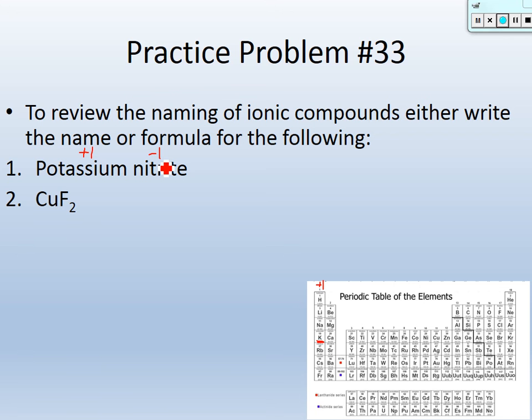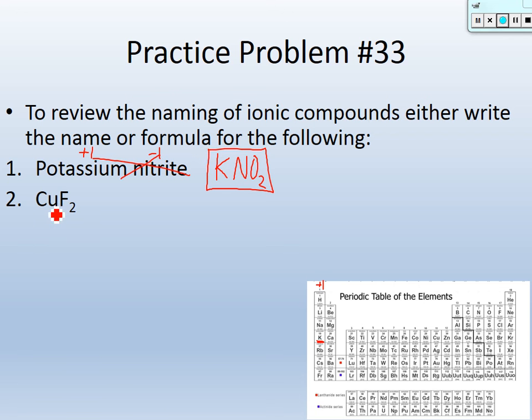Now that I have the charges for both of them, what do we do? Crisscross. Potassium is K. Nitrite is NO2. Okay, this 1 has got to come to the outside of the parentheses. But if it's a 1, do I need parentheses? Nope. So that right there, KNO2, is the formula for potassium nitrite.